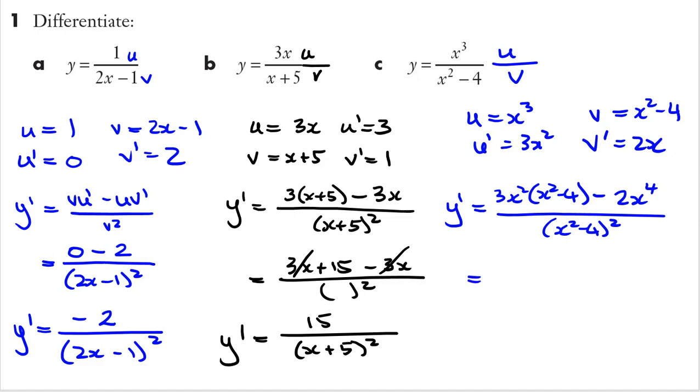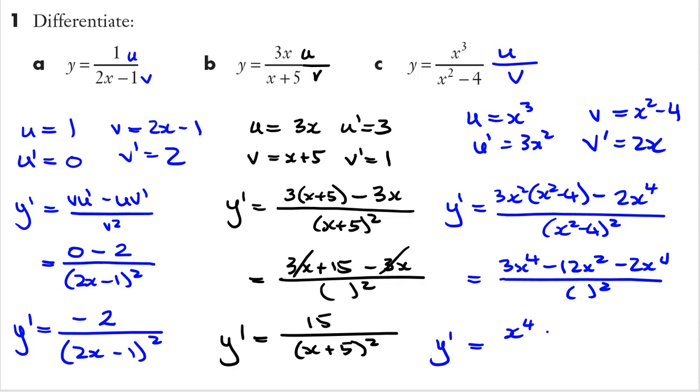Done. At the top we'll expand that out, we'll get 3x to the power 4 minus 12x squared minus 2x to the power 4, all over that bottom term. And then to tidy that up, to finish this question, we're going to get 3 minus 2, that's going to give us 1x to the 4 minus 12x squared all over x squared minus 4 all squared.